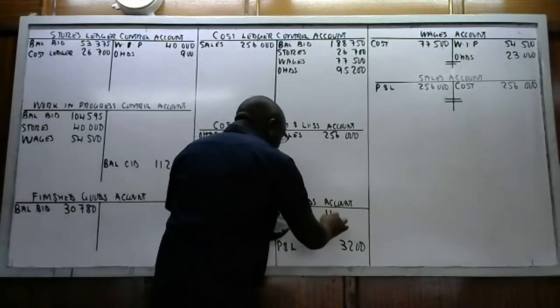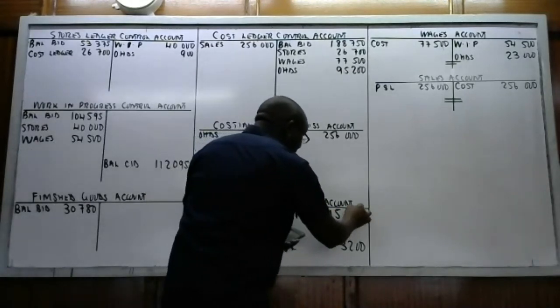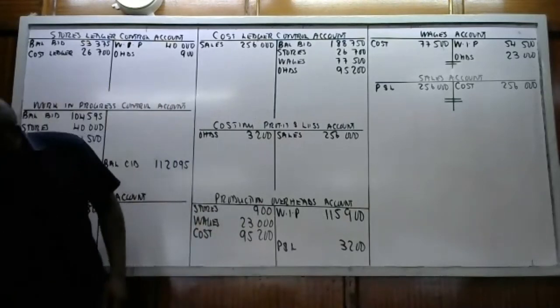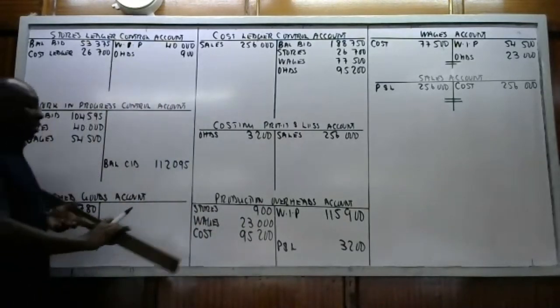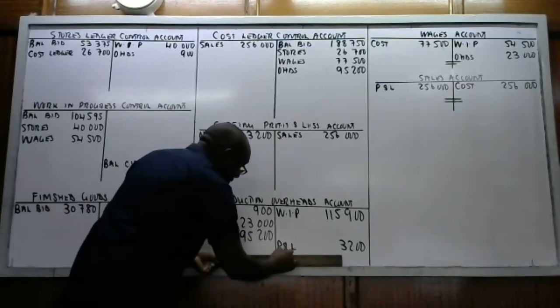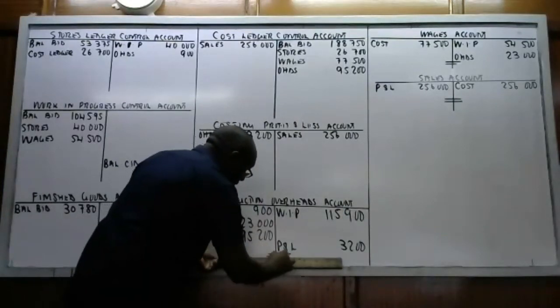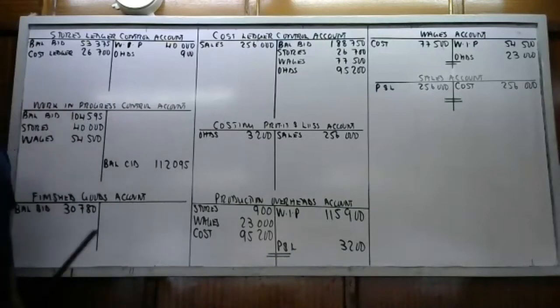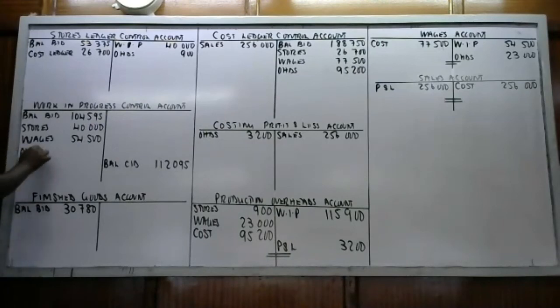You have 115,900. That's all. So now first close this account. Then going to work in progress, you register that because of overheads, 115,900.